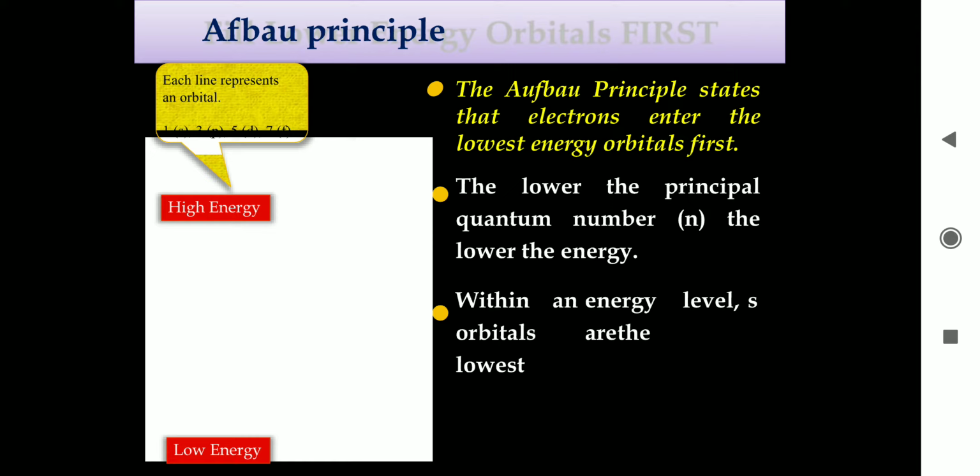This means that electrons occupy the lowest energy orbital first. We know very well that the lower the principal quantum number, the lower the energy. Within an energy level, s orbitals are the lowest energy possessing orbitals.